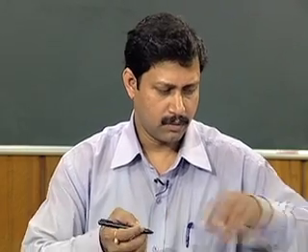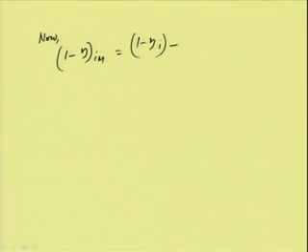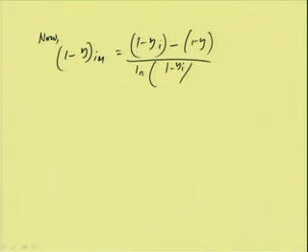Now, we can calculate (1 minus y)_IM, which is equal to (1 minus y_I) minus (1 minus y), divided by ln of (1 minus y_I) divided by (1 minus y).